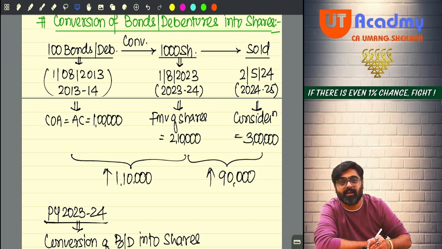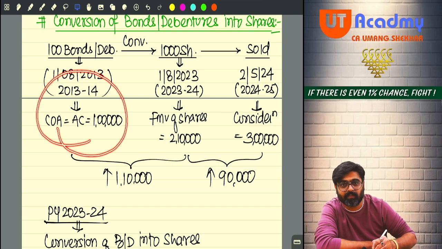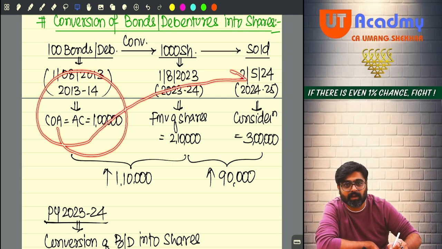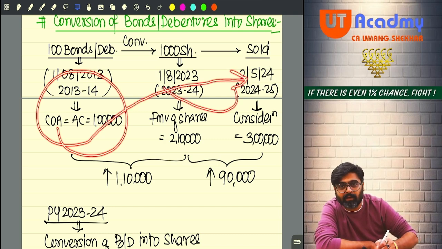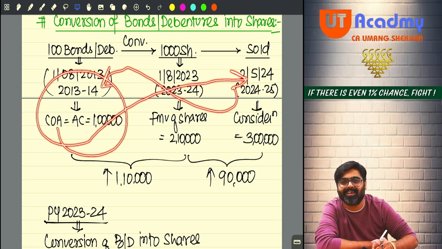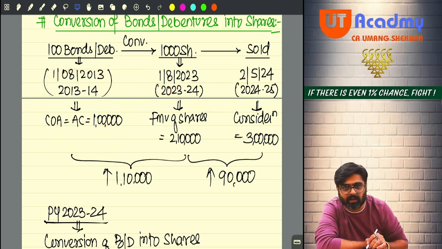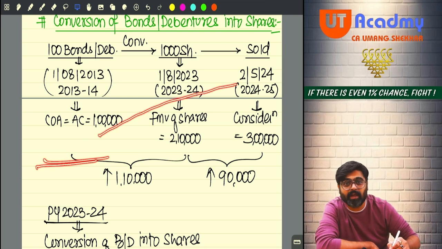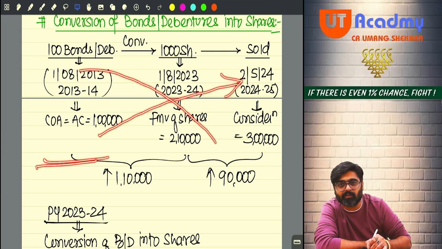So what will you take? Cost of acquisition as per 49(2)(a) multiplied by CII of transfer year and divided by CII of acquisition year.